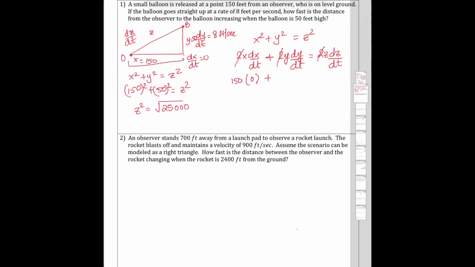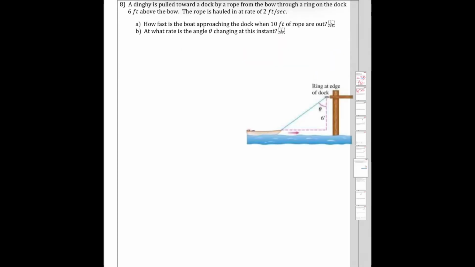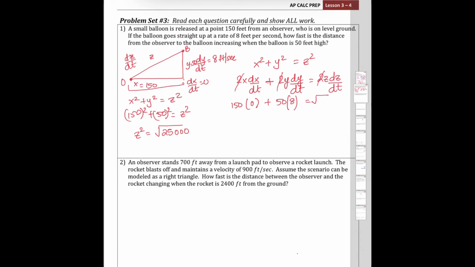0 times 0 plus y is what? 50 times dy/dt is 8 equals z times dz/dt, and we found z, right? The square root of 25,000.